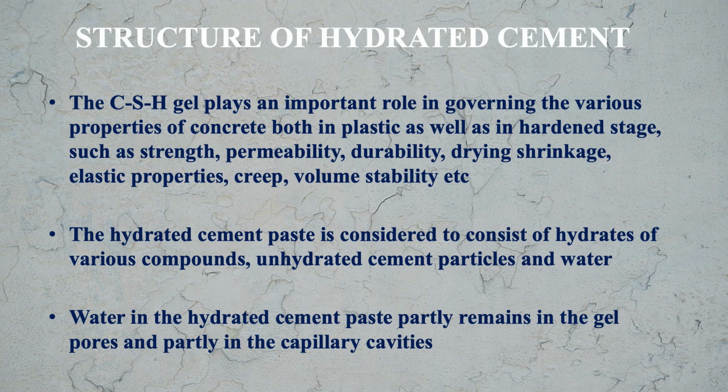Water in hydrated cement paste partly remains in the gel pores and partly in the capillary cavities. So the water which was added for the hydration process is present in the gel pores of the gel, and also partly in the capillary cavities. The cavities are there in the form of capillaries.